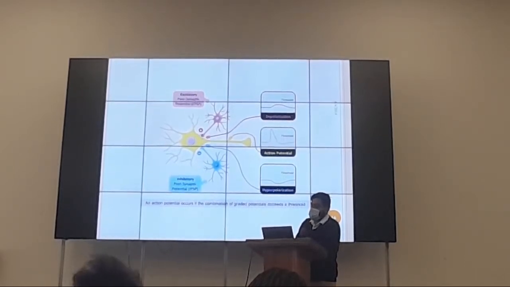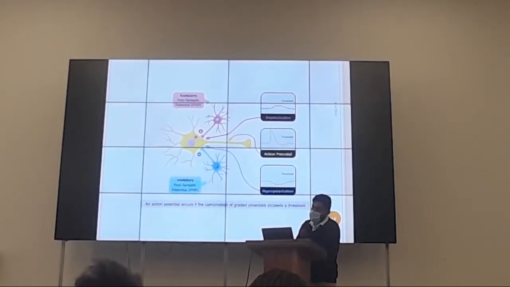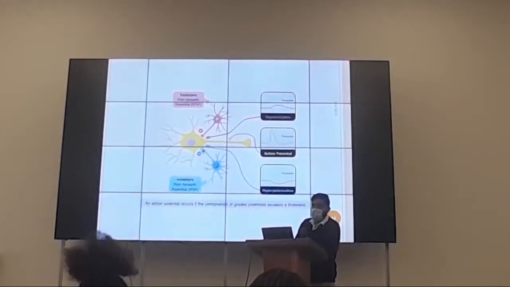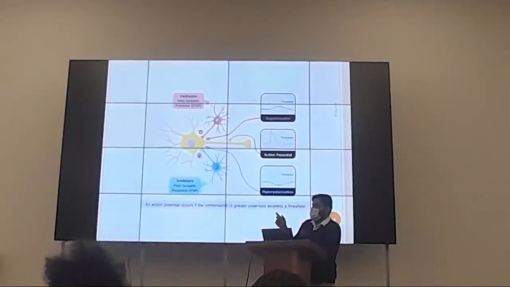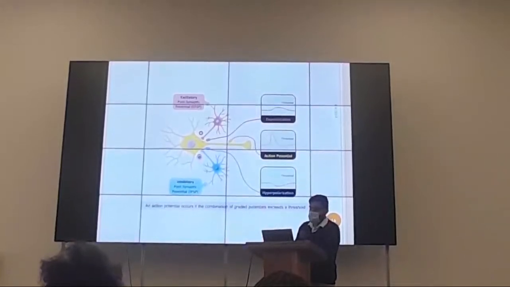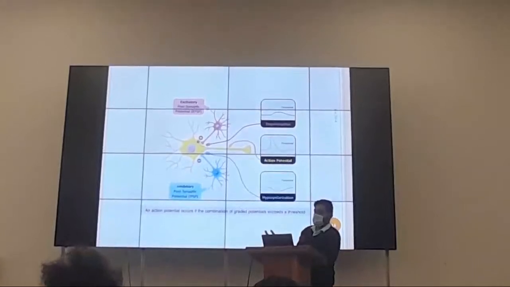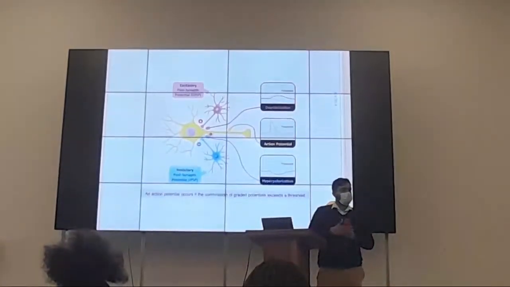So what will determine whether this postsynaptic neuron is going to generate an action potential or not? It's going to be the summation of the excitatory postsynaptic potentials and the inhibitory postsynaptic potentials. Okay? The sum of these two will either lead to a graded potential that will exceed the threshold or reach the threshold needed to generate an action potential, or will not. And that will determine whether this postsynaptic neuron will generate an action potential. You understand? Simple.